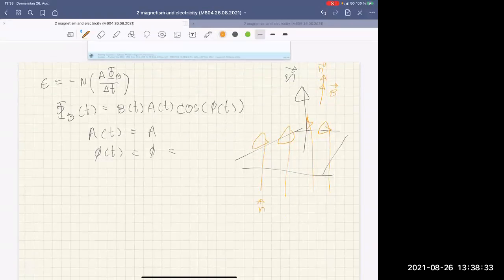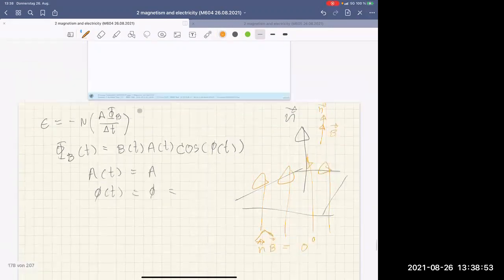The angle between vector n and vector B is 0 degree, right? So when phi is all the time 0, cosine is going to remain number 1, right? We don't have to write it at all.